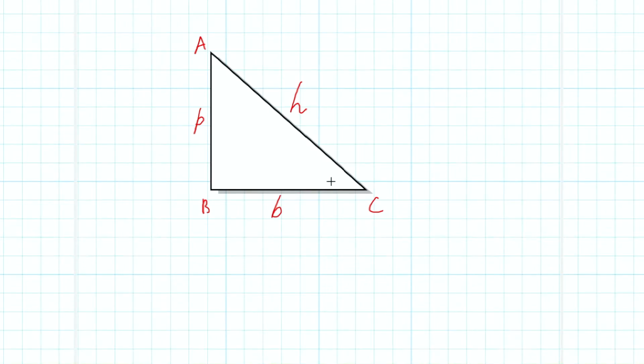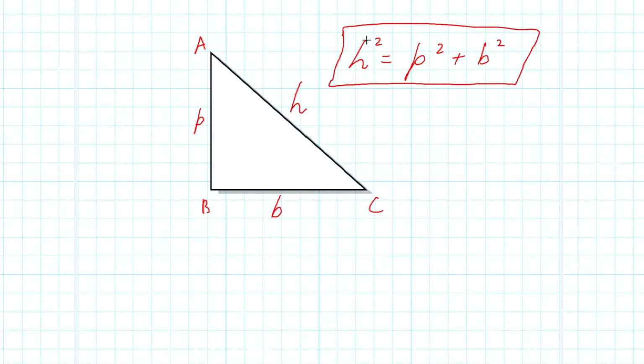So according to the Pythagoras theorem, we have the hypotenuse square is equal to square of the perpendicular plus square of the base. This is the formula that we were talking about.